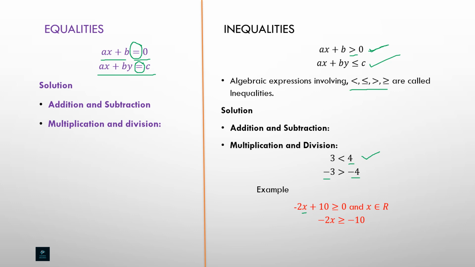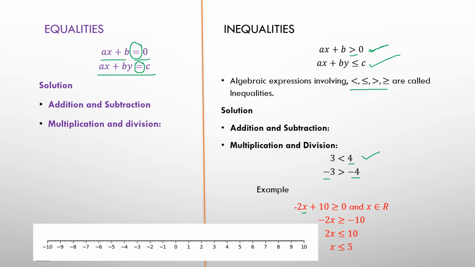Then we multiply both sides by -1, and we get 2x less than or equal to 10, and then we divide both sides by 2, and we get x less than or equal to 5. On a number line, this can be represented by all numbers to the left of number 5. So we have just seen an example of solving an inequality.